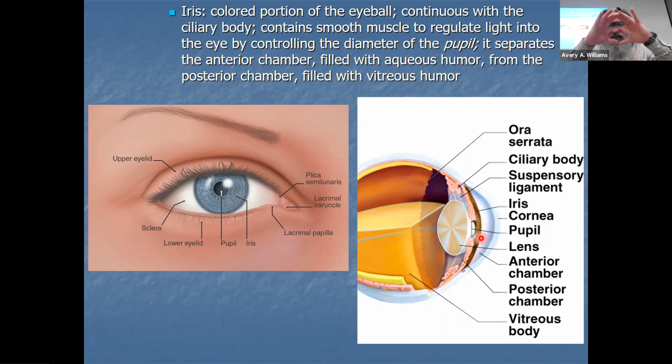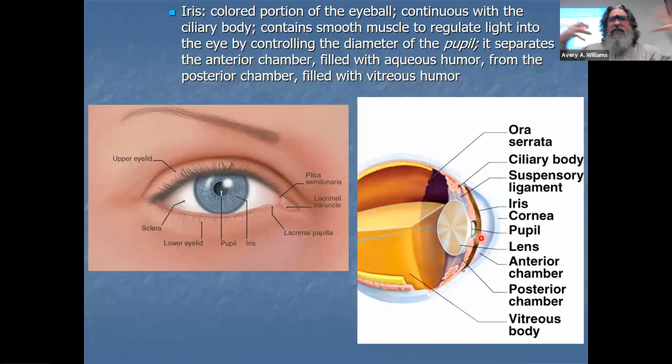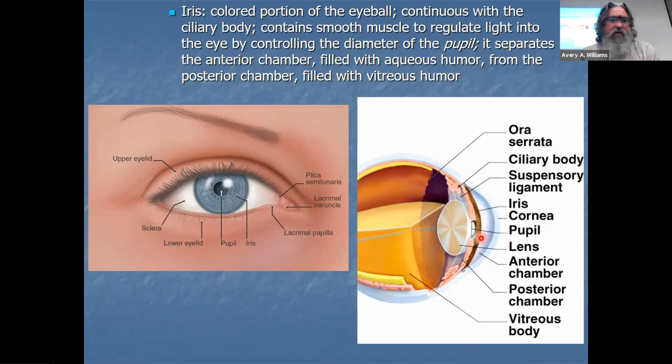But the larger the opening gets, the smooth muscle allows it to dilate. It allows more light in. That's what of course happens in dim light situations. When you don't have a lot of light to see, it expands to allow as much light in as you can to see in the dark, okay?